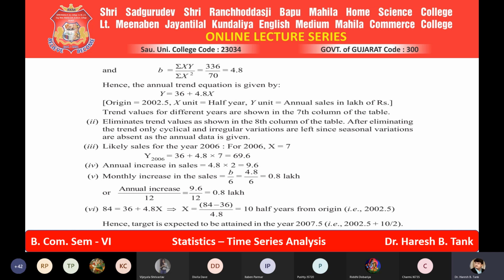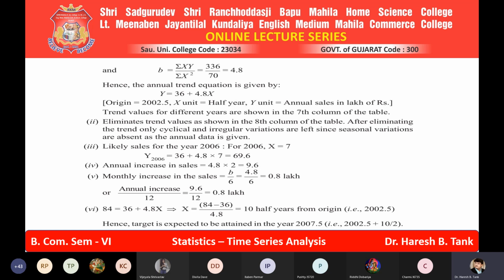Whenever you are using Y minus YC, that means short-term fluctuation. Short-term fluctuation always consists of cyclic and irregular variation. Because seasonal variations are absent, this is what you can claim, just because the data set given is in an annual format.